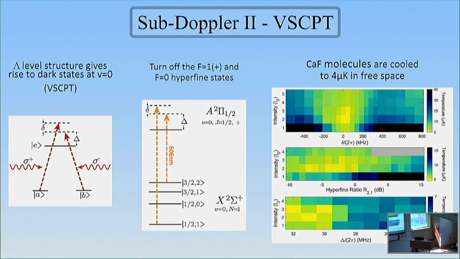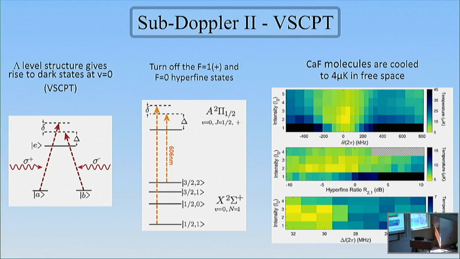The other thing you can do is velocity selective coherent population trapping, which is now called lambda-enhanced gray molasses. But at least one person in the audience knows it's VSCPT, right? The idea is that you can create dark states by having 2 different polarizations.